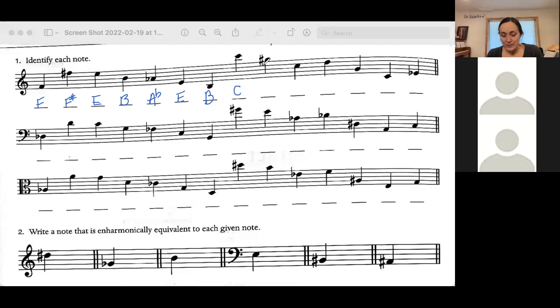Anyway, what's the next one here? G sharp. G sharp, excellent. And then C. C, the one right above it is D. D. And now we've got a lower one. G, G. Yeah.